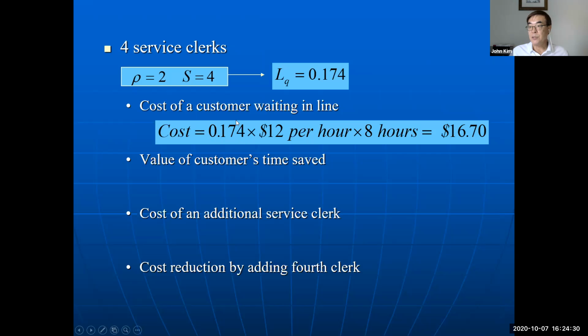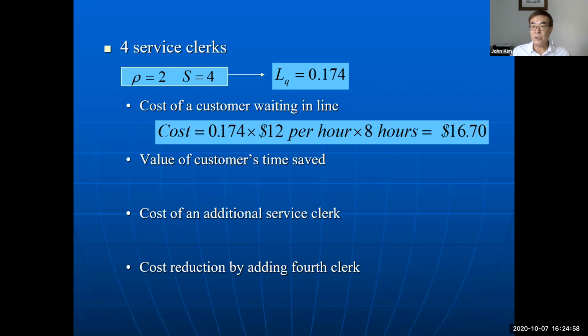On average, when 4 workers work, 4 channels, then on average 0.174 customers in the waiting line, $12 cost per hour, and 8 hours open, and customer cost is 16.7.